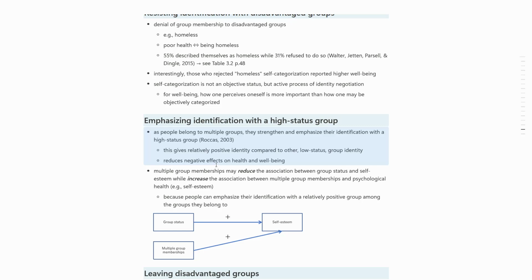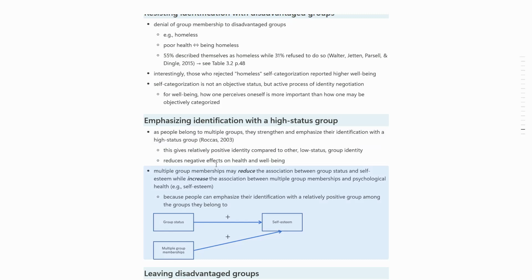In such cases, people tend to emphasize the group identity that has a higher status. And this gives a relatively positive identity compared to other low status group identities.